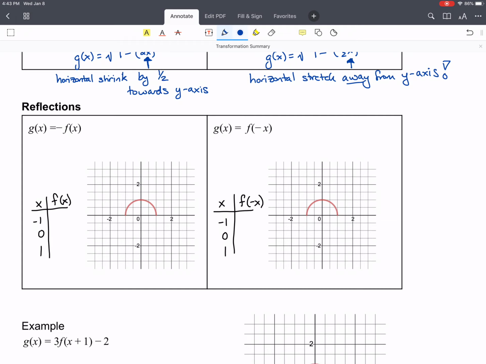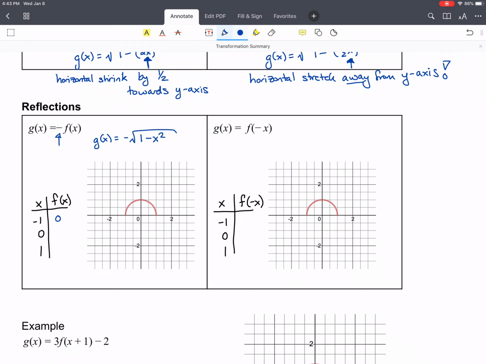Last, I want to make sure we understand reflections. So here we are going to see negative f of x. First of all, let's write down what g of x is. So g of x is the negative square root of 1 minus x squared. When x is negative 1, I plug that in. I'm going to get 0 under the square root. The negative of 0 is still 0.